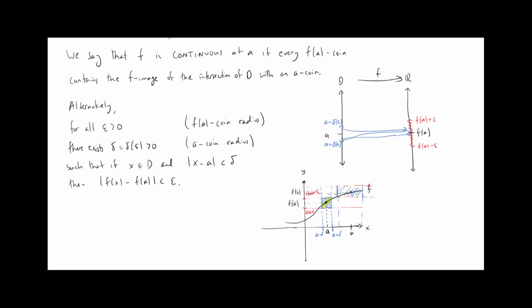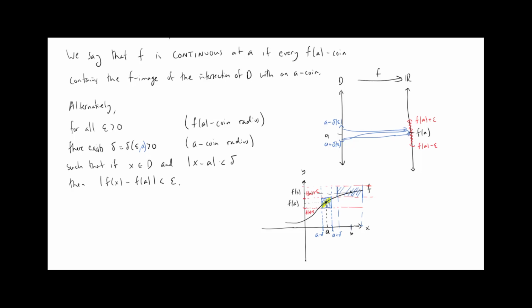So even though we're at the moment writing these deltas as depending on epsilon, in fact they actually depend on a as well. We're not going to dwell on this too much right now, but when we get back to uniform continuity, we'll realize we actually should be writing that the delta depends not only on the epsilon, but on this point a that we're talking about.